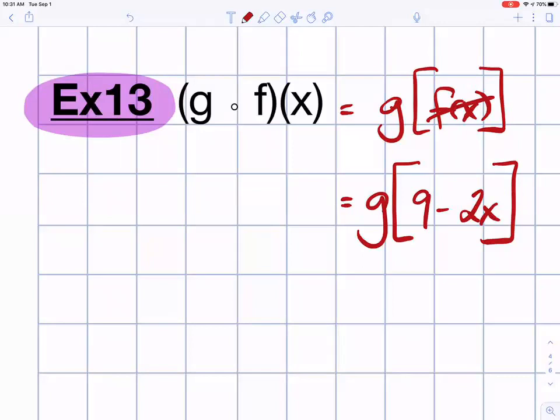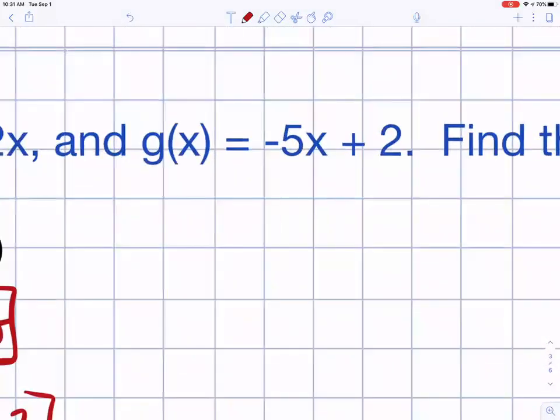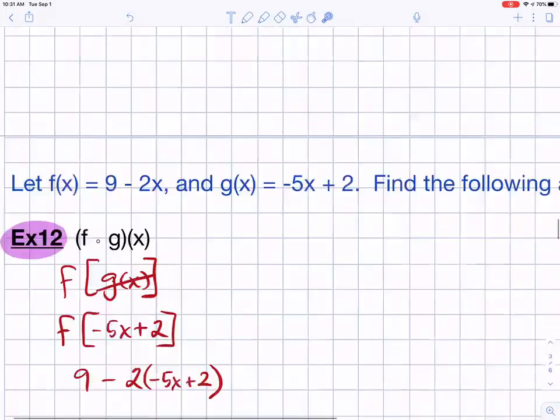So let's go back up. I do want to go back up now. So g of, here, let me do it on the iPad. g of something equals what? Negative 5 plus 2.